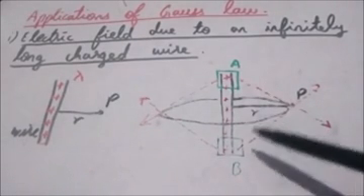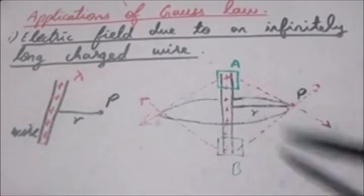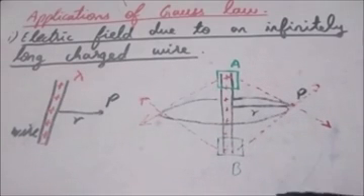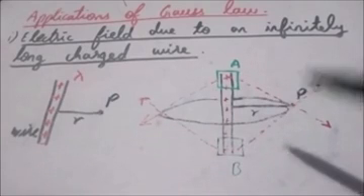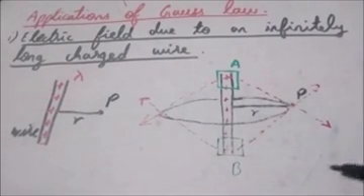Now if we add many circles, we'll get a cylinder. You can imagine coins. I kept a 2 rupee coin here, and let me keep some more coins on top, like this.